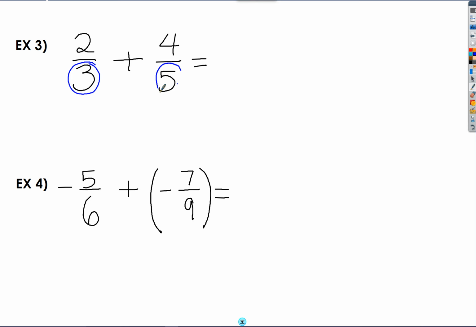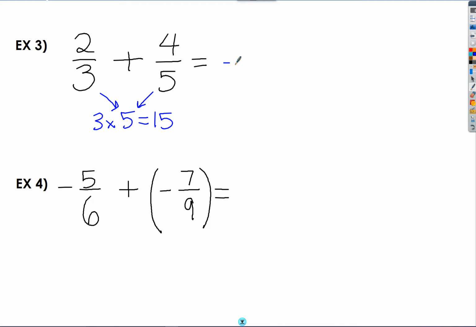Nor can I multiply 5 by a number to get 3 that happens to be a whole number. So for this, we're going to actually do this a little bit differently. If I want to get a common denominator, the common denominator will just be the multiplication of these two values, which gives us 15.